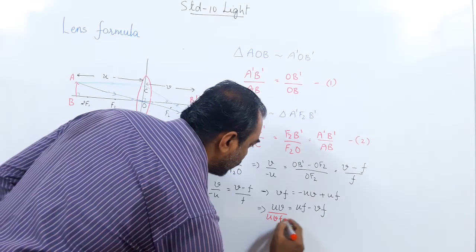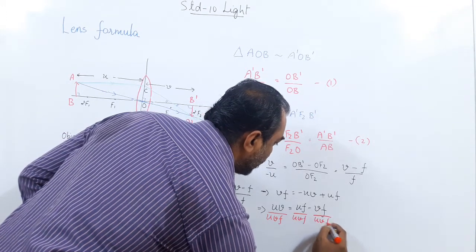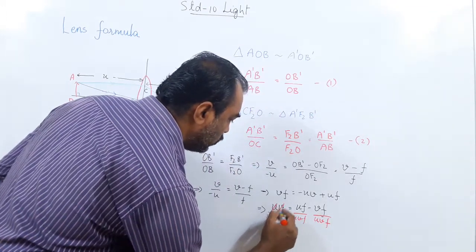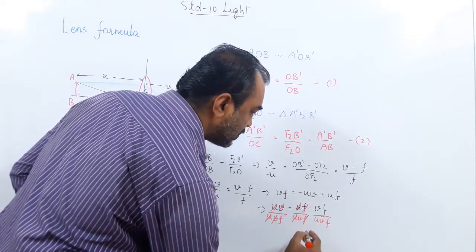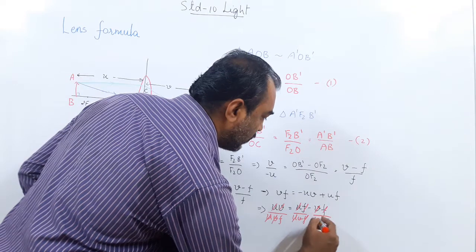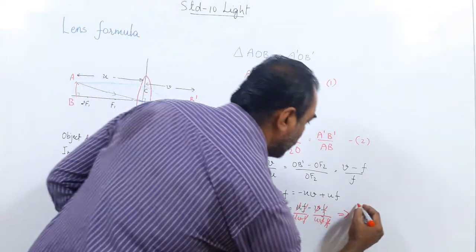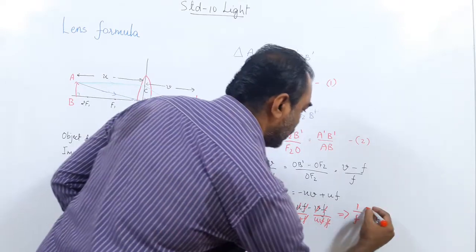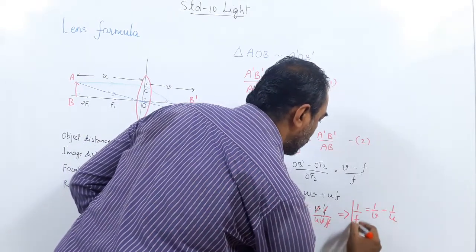Now the next step, divide everything by UVF. Here the UV gets cut, here UF gets cut, here VF gets cut. So what are we left with? Finally, 1 upon F equal to 1 upon V minus 1 upon U.